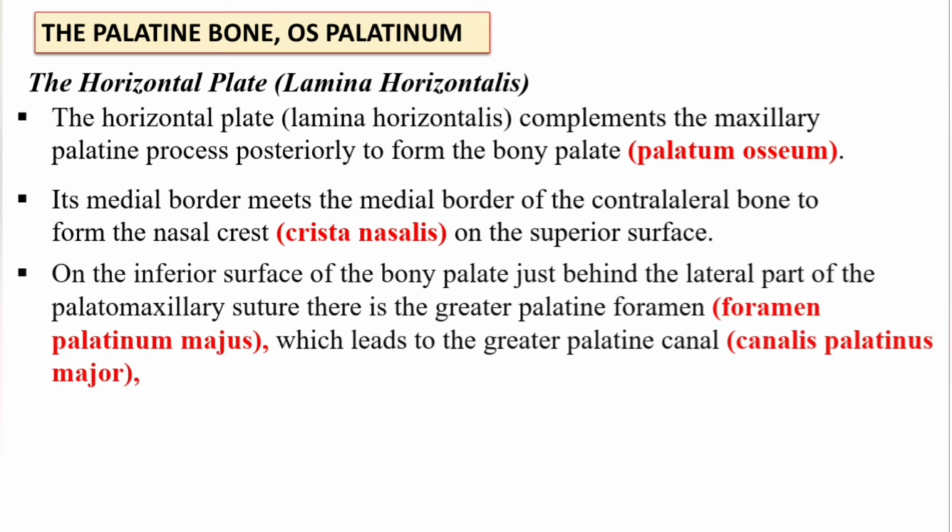It's formed by the sulcus palatinus major, and this same sulcus on the maxilla forms a canal. This canal is important for transmitting the nerves and the vessels. And on the opening, which I am going to show you right now, you are going to see its exit.